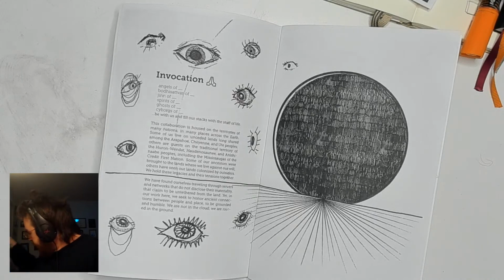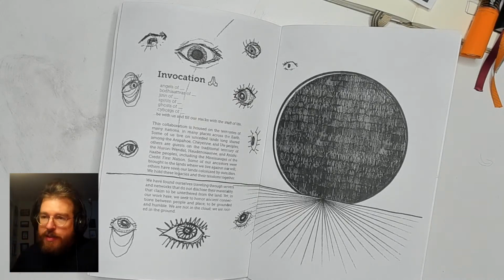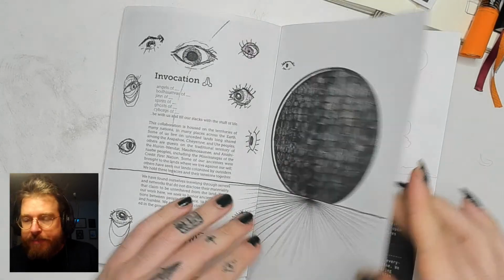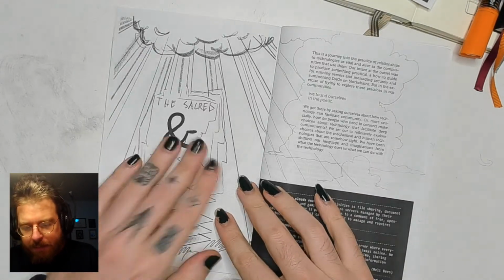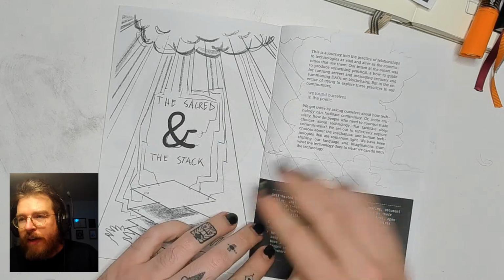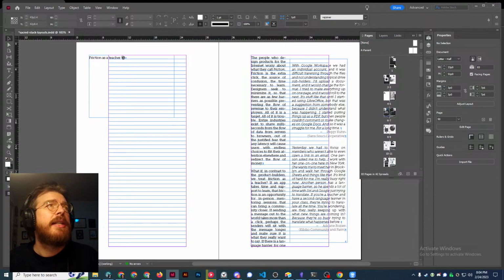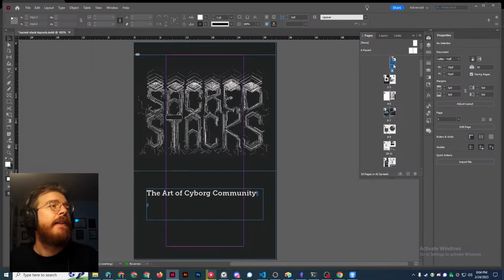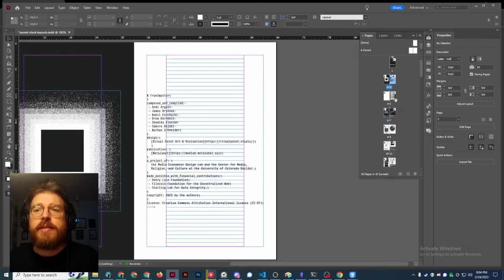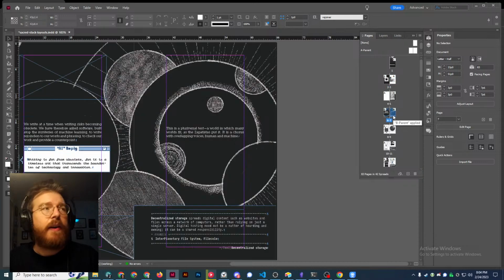And what I'm doing right now is I've done the layout. So I did the layout over here on the computer. This is Adobe InDesign, and yeah, all these pages are just in Adobe InDesign.